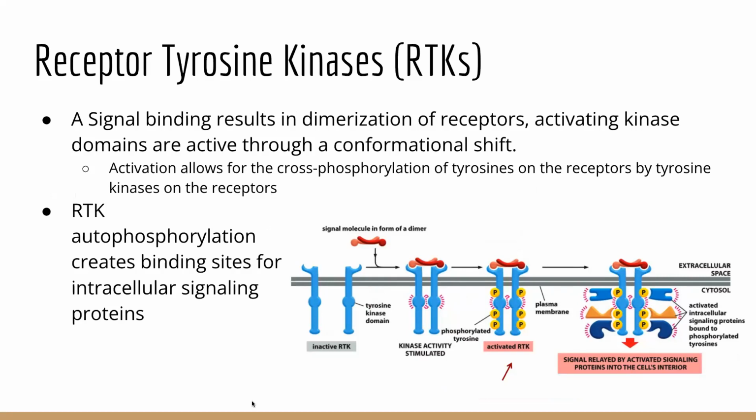Let's go over the first receptor, the RTK, or receptor tyrosine kinases. Essentially, they have a receptor domain, and normally they're in an undimerized conformation. When the signaling molecule binds to that receptor, the receptor is dimerized.